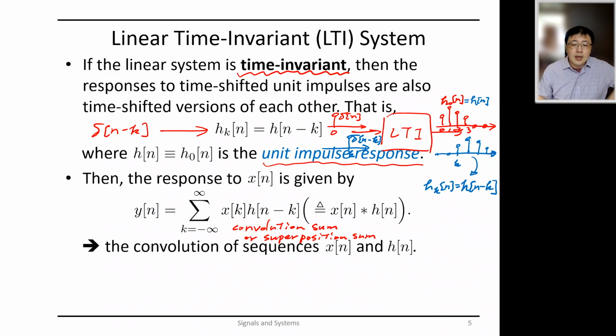For such an operation, we denote it by x of n with a star or asterisk in between h of n. So this notation represents what we call the convolution of two sequences x of n and h of n. And the operation is given by this convolution sum here.